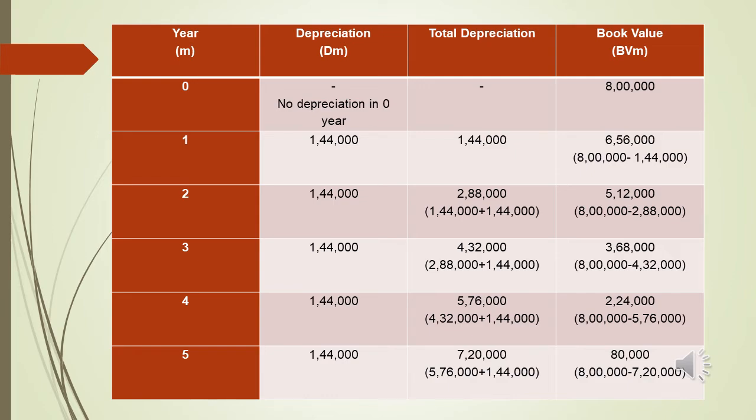Okay, so 80,000 is my book value, and that is the actual salvage value. Even in your data, you can cross check. There is a direct formula. If you want to cross check that whatever you have done is proper, you can use the formula. I will move to the next slide.